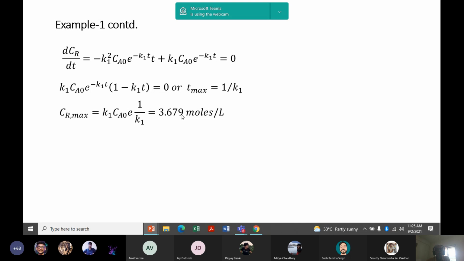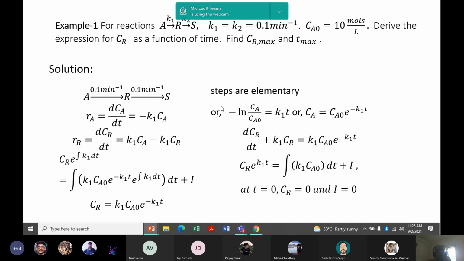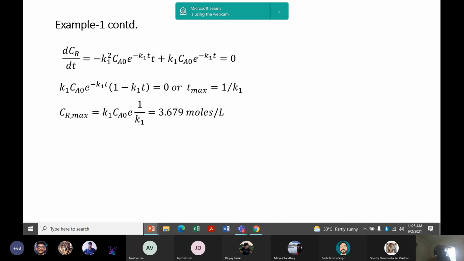As K1 is 0.1 per minute, you can substitute, T max is 10 minutes, that is the answer. And Ca0 is 10 moles per liter. So if I change the values of Ca0 and K, you can solve this by the same method.